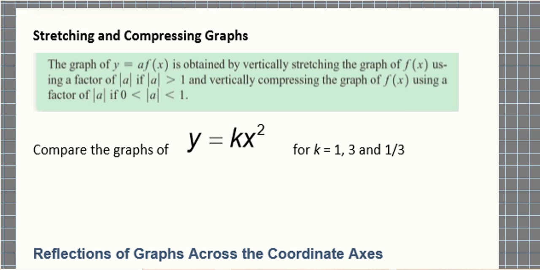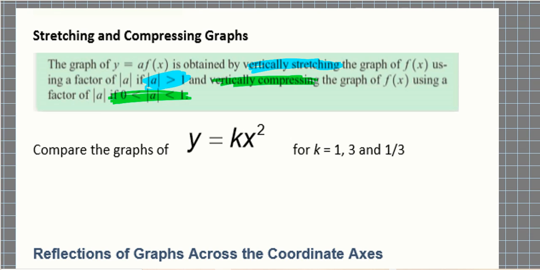All right. Now, the difference that you need to know is when you vertically stretch, that means that your A is going to be greater than 1. For your vertical compression, that means your A is going to be between 0 and 1.